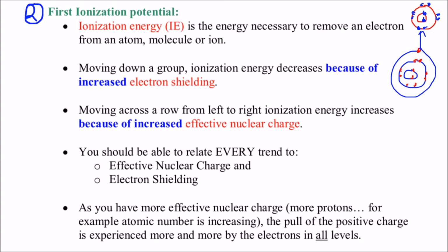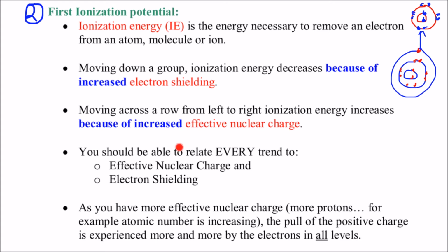If we have a whole bunch more protons in the nucleus all of a sudden, it's going to pull all of its electrons in closer to it, which means it's going to be way more difficult for some other atom to come along and steal an electron, because that electron is going to be so much more tightly held onto by the nucleus. So the ionization energy will increase in that case, meaning it's more difficult to steal that electron.